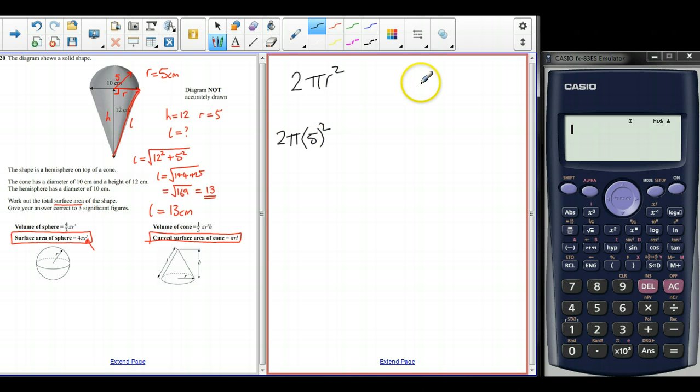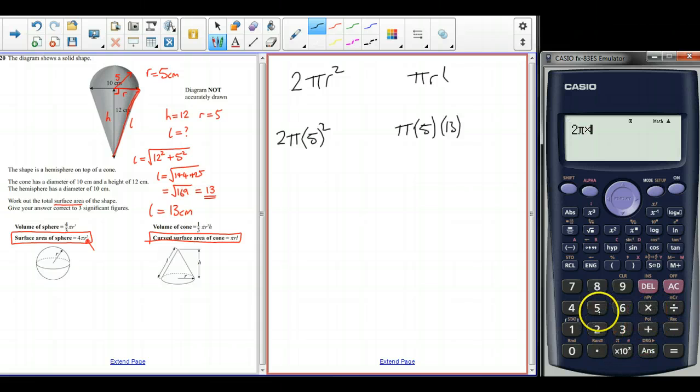Now for our cone, we're going to need to do pi, r and l. So that's pi times the radius times our slanted length L. If we work those two out, we've got 2 pi times 5 squared.